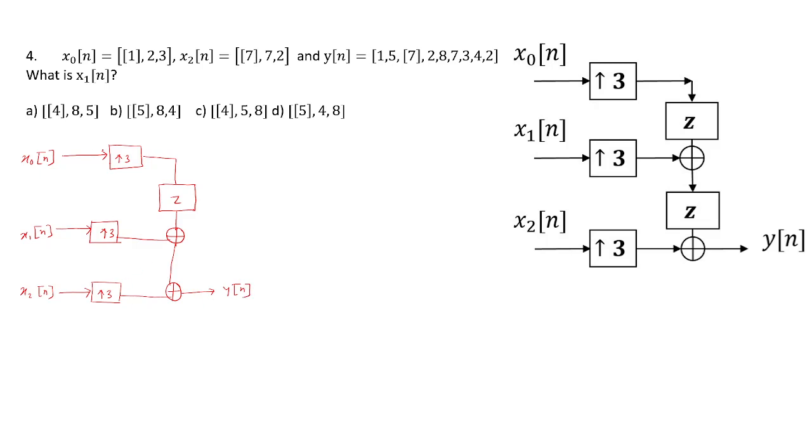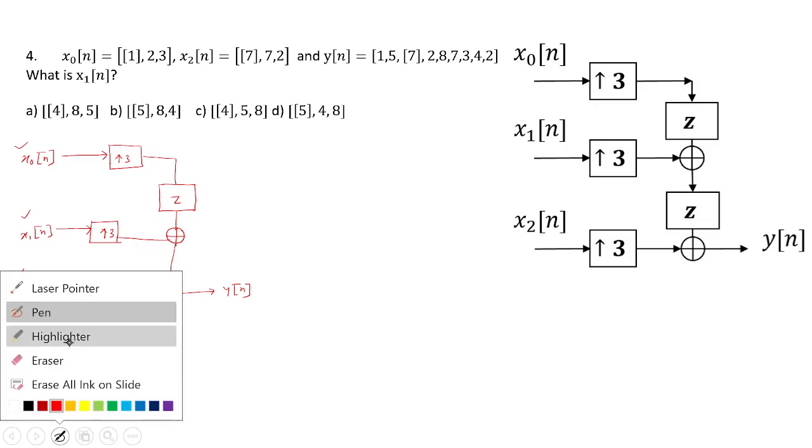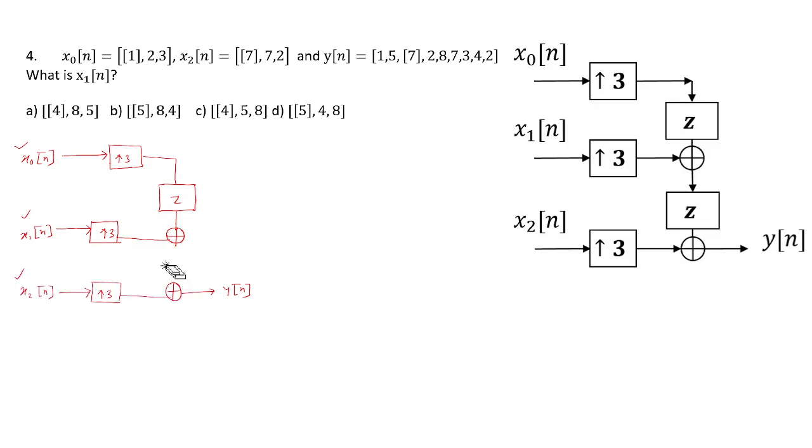So you can see we have three different input sequences. We are passing them through this upsampler block, and delays, we have to introduce a delay here. Let me correct myself. Okay, yeah, fine.